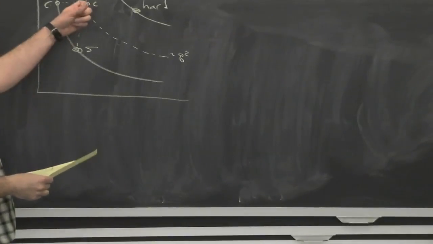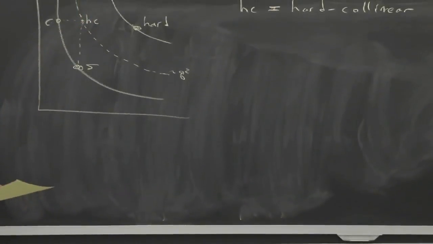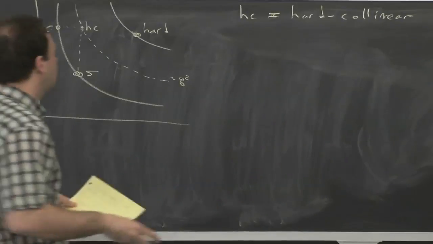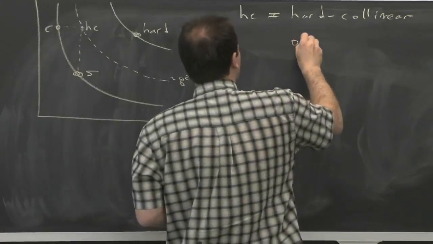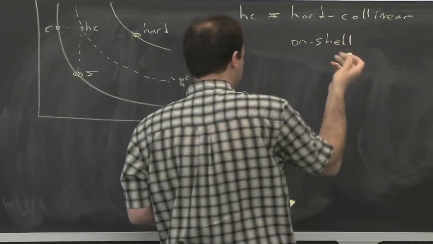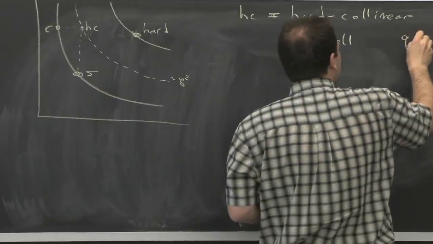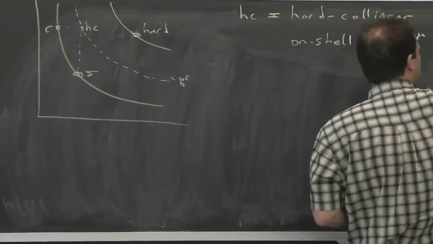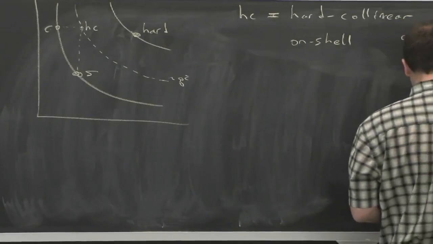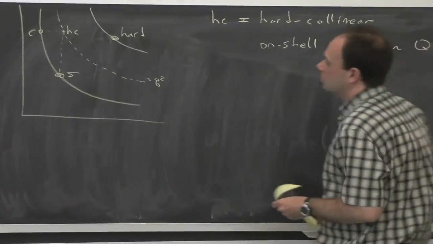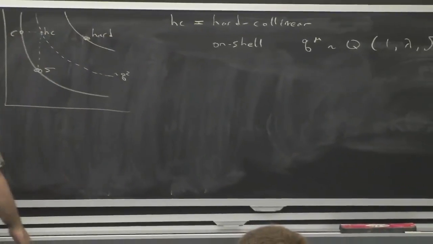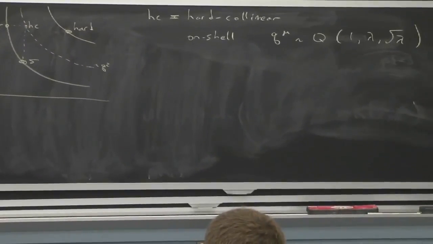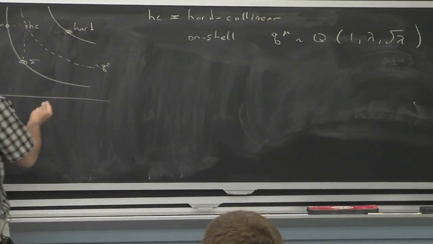And you could even write down, if you wanted, an on-shell degree of freedom for this hard collinear mode. An on-shell version of it would have a scaling that's Q(1, λ, √λ). So you could think about one way of approaching it, which we'll take this attitude in a minute.